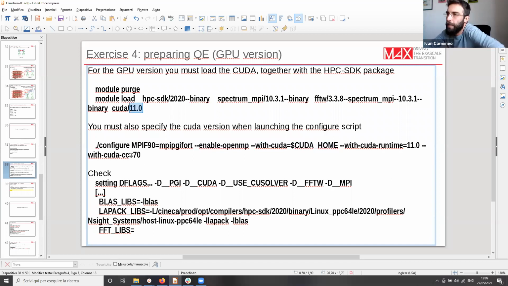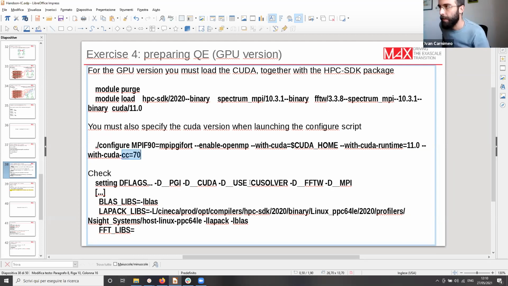Our GPUs here have a compute capability of 70. This number depends on the hardware you have, the underlying GPU core. In this case, Marconi is provided with V100 GPUs, and they have a compute capability of 70.